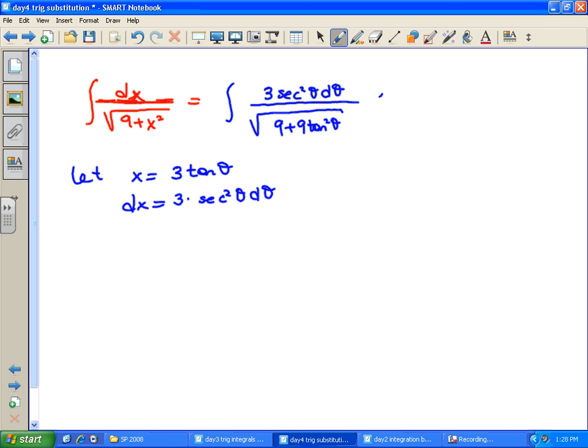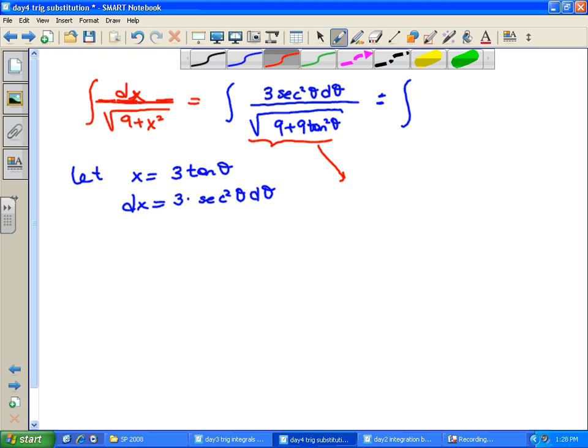Okay, let's simplify this. Especially, let's simplify what is under the square root. That square root is equal to the square root of 9 times 1 plus tangent square theta. And what do we know about 1 plus tangent square theta?